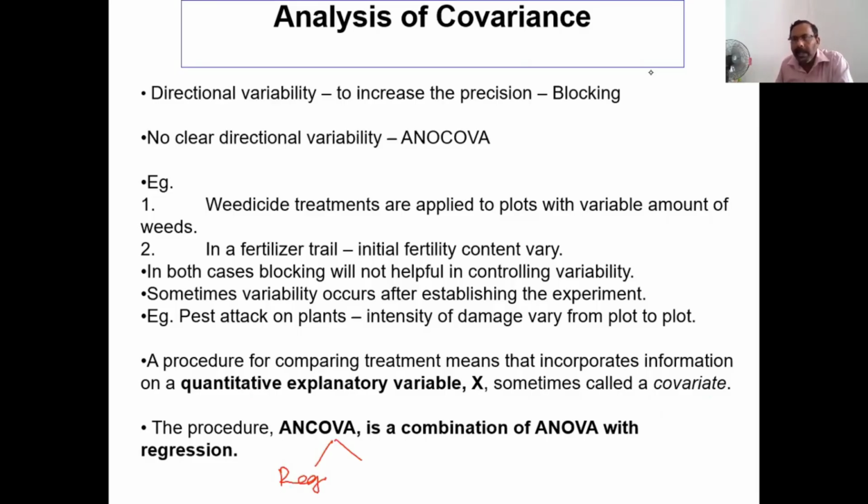Yesterday also I talked about regression and ANOVA. So hereafter, it's not only ANOVA, it's ANOVA plus something: regression and ANOVA.